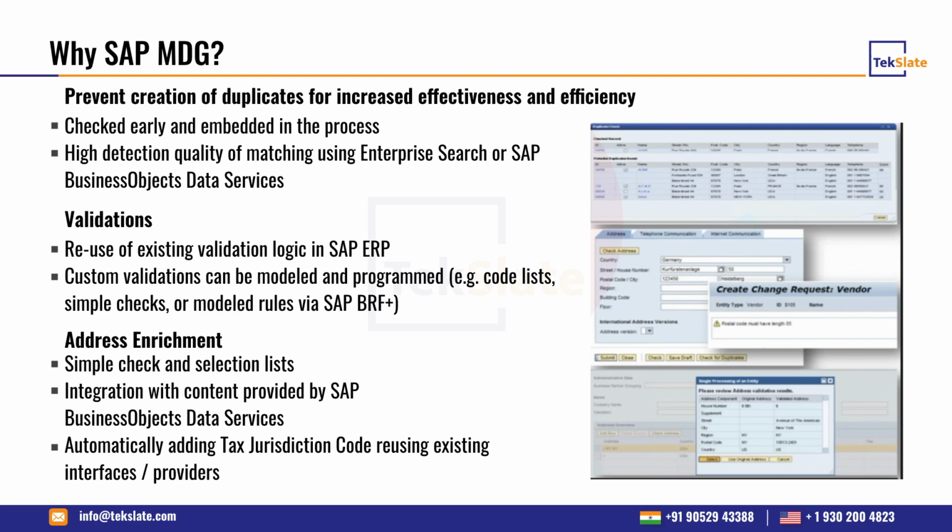Then you can decide whether to create this record or not. This is how we can restrict the creation of duplicate records. Next, we have the validation.